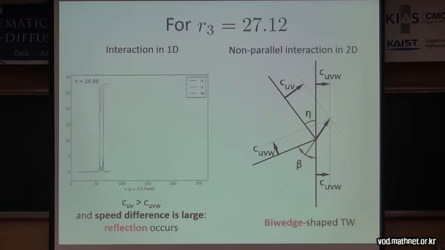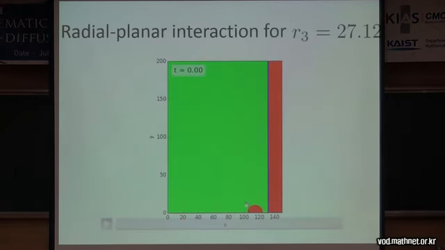And when we go to 2 dimensions, we would naively expect that the 2 fronts will collide at a certain point and then be reflected, generating 2 fronts which are moving in opposite directions. We will call this a wedge-shaped traveling wave. Again, the angle beta can be computed by the same formulas. However, this is not exactly what happens. I will show you this.